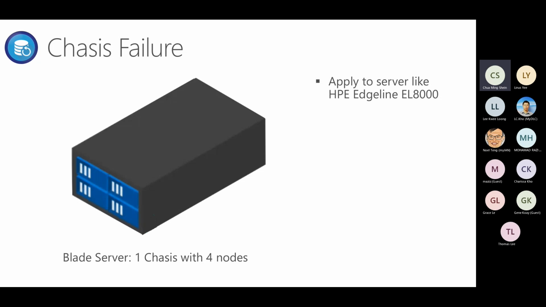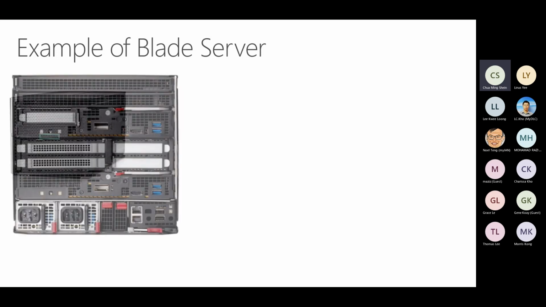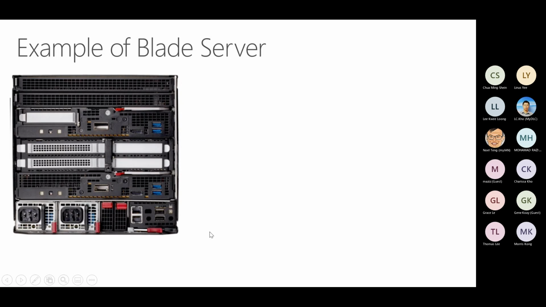So how does this kind of server look? Let's take a look. It looks quite normal, just like a box, but this box is in fact very big, maybe eight or ten U at least. I'm not too sure if this is the front or the back, but this is how it looks.